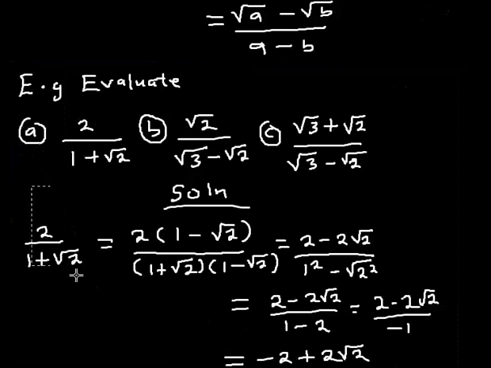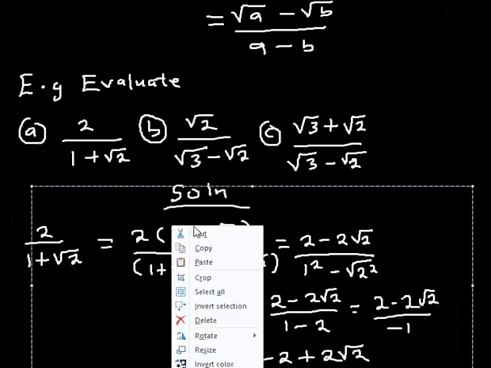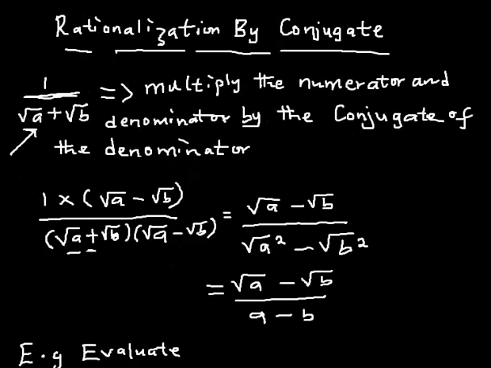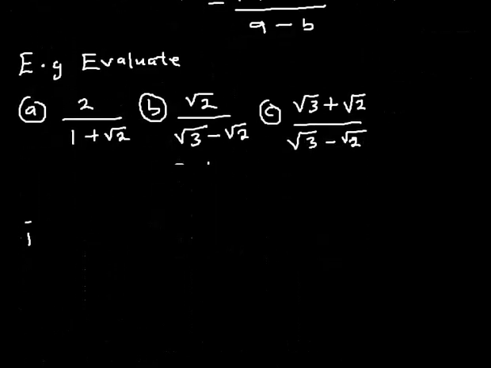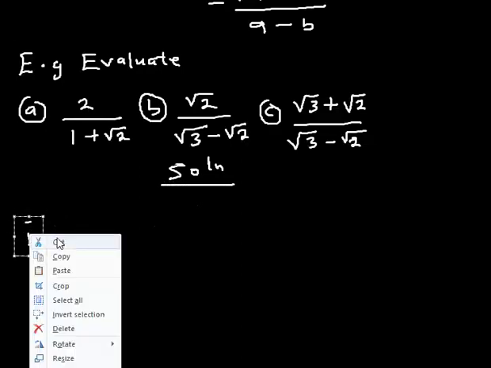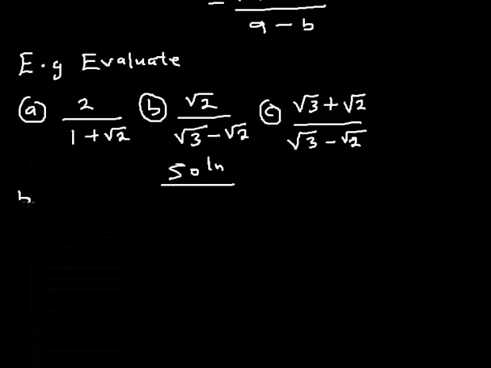Okay, I have to solve the B part of the question. So here we go. Of course, I have to also rationalize by conjugate. What's the conjugate of the denominator? That is root 3 plus root 2. So I'm going to have root 2 multiplied by the conjugate, which is root 3 plus root 2.